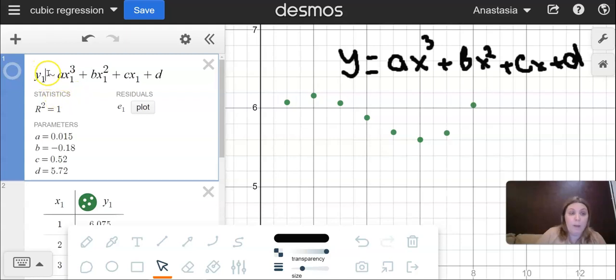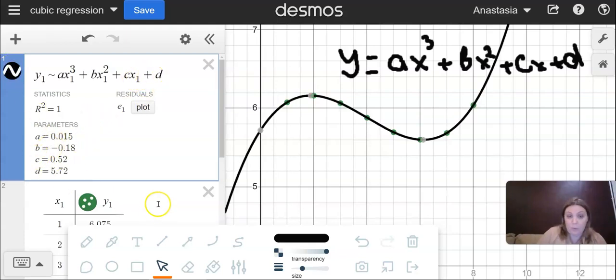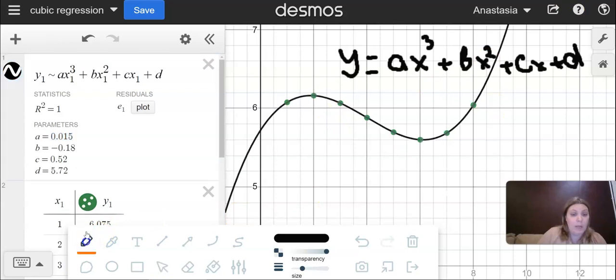So y1 approximately equal to ax1 cubed plus bx1 squared plus cx1 plus d. When it calculates it, you can see that this is a perfect fit.